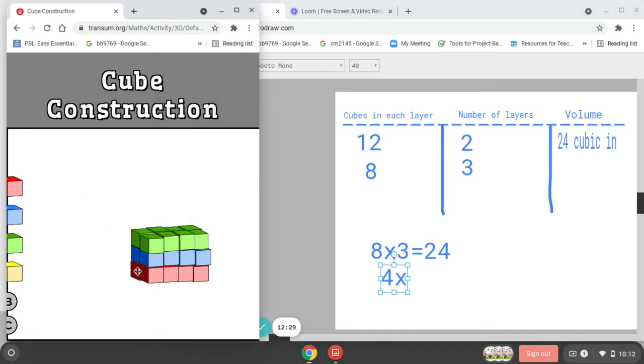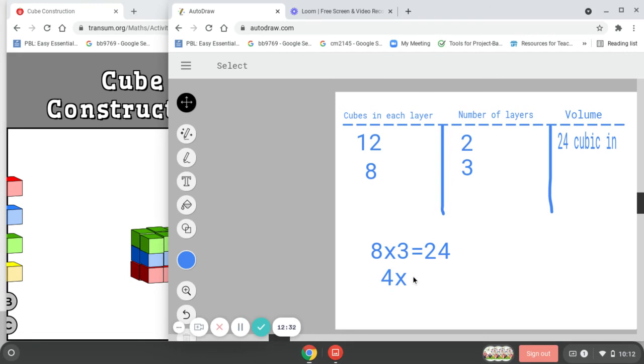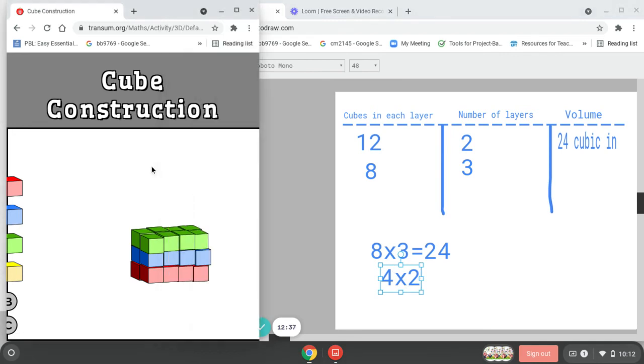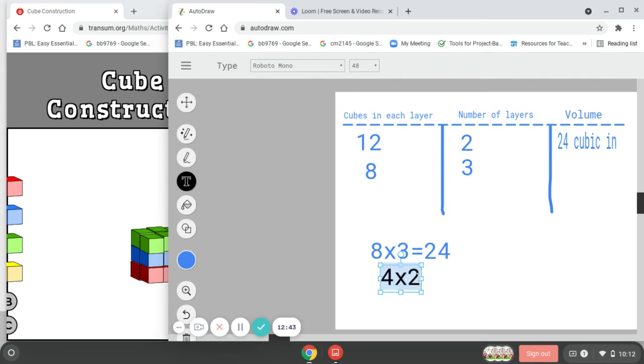Our width is 2. And our height is 1, 2, 3. And again, 4 times 2 is 8. 8 times 3 is 24. So again, we get the same volume as we did with the previous figure we just made and the initial figure that we made in the last example that we did the other day.